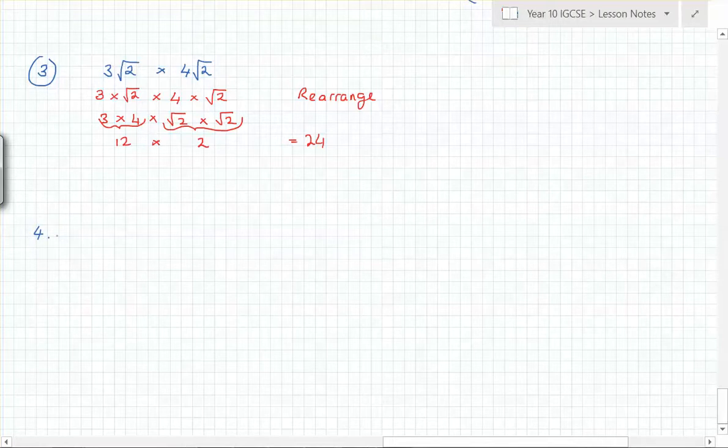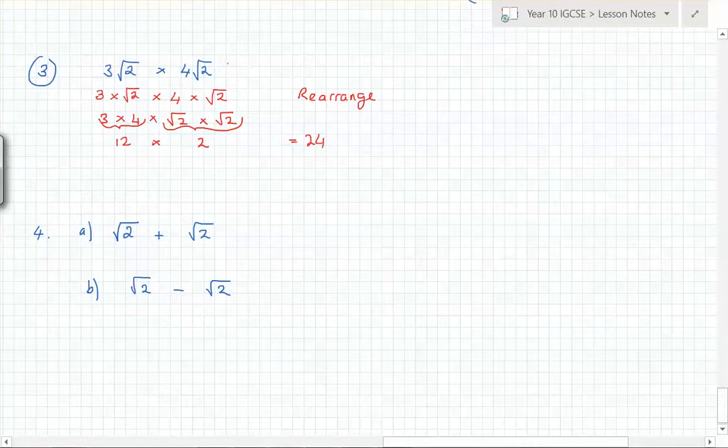Question 4, I just want to check: A is root 2 plus root 2, B is root 2 minus root 2. Any ideas?